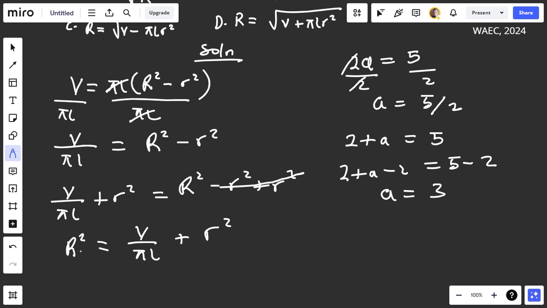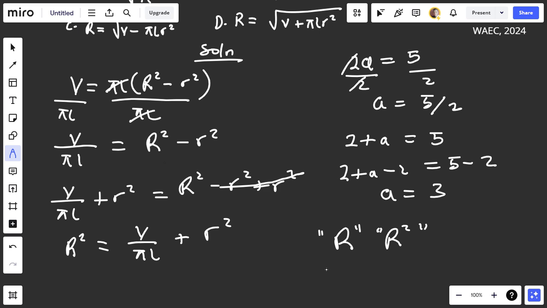Now we have not successfully made R the subject, because they said make capital R the subject. They didn't say make R squared the subject. Mathematics is logic in all senses. So this is what we are looking for, not this. How do we remove this square?